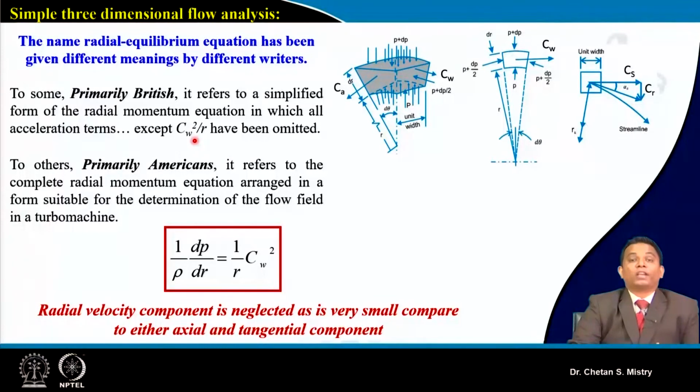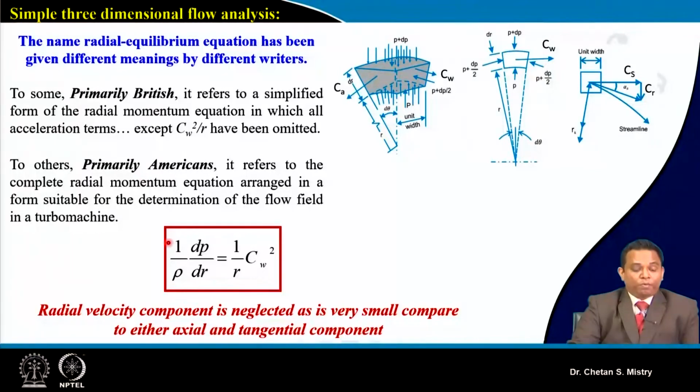So we have only the action because of centripetal force. For Americans, this is referred to as a more complete radial equilibrium equation, arranged in a suitable form in order to determine the flow field within the turbomachinery.